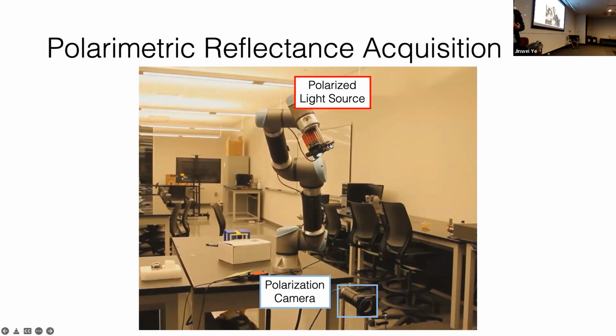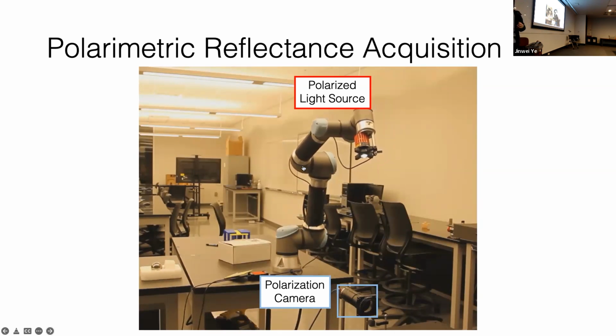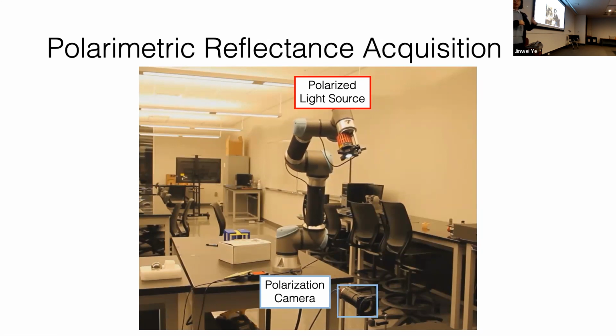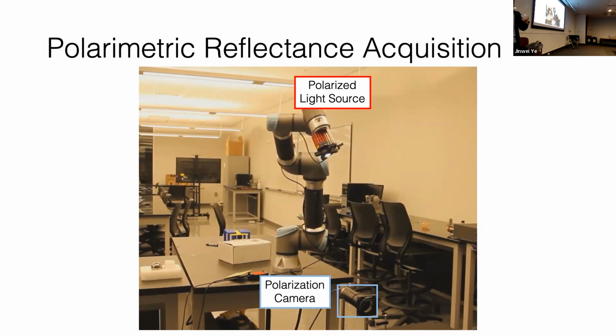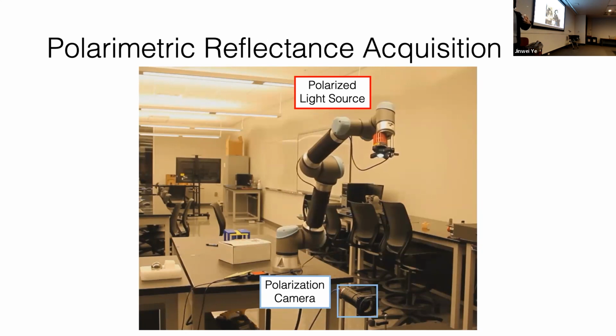This arm is moving a polarized light source along a hemisphere to several different spots, and we use a fixed camera for capturing. This is sort of like capturing the BRDF that I showed you in the first work. Instead of only using the reciprocity of BRDF, we also want to do more quantitative analysis on the BRDF.